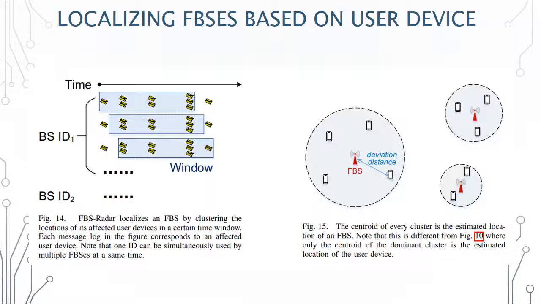So with that in the background, we employ a clustering algorithm which takes into consideration the base station ID, the time when it is happening, and also the location where it is happening from the Wi-Fi information. With this, they run a clustering algorithm, and based on the deviation distance, they determine the location of a fake base station.